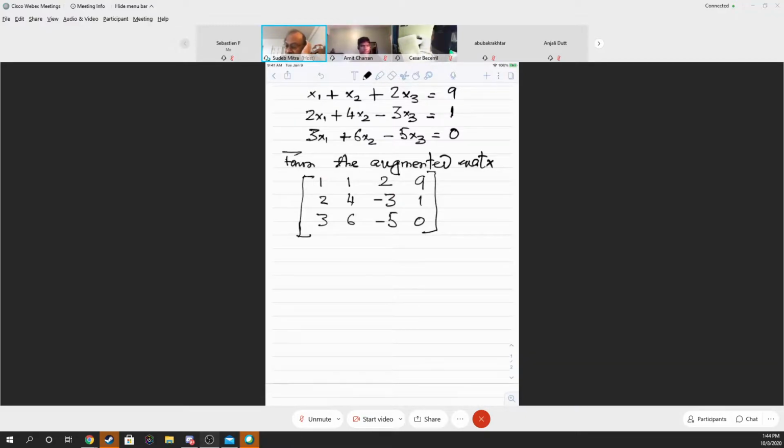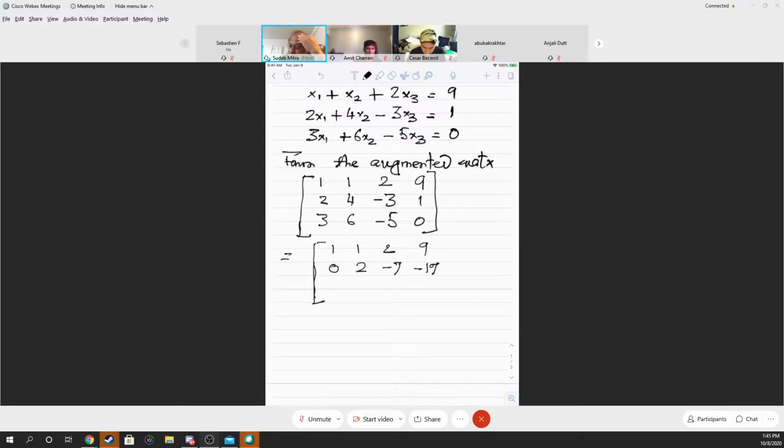I want to make this 0, so you know what to do, right? And I want to make this 0, okay? So you have 1, 1, 2, 9. Multiply the first row by minus 2, add it to the second row: 0, minus 2, 4 minus 2 is 2, minus 2, that is minus 4, minus 3, minus 7, minus 2, minus 18, plus 1, minus 17.